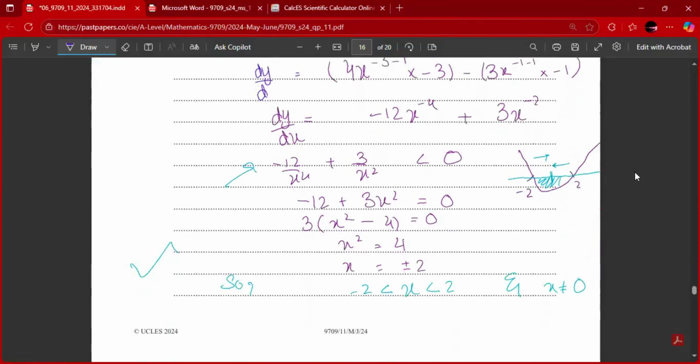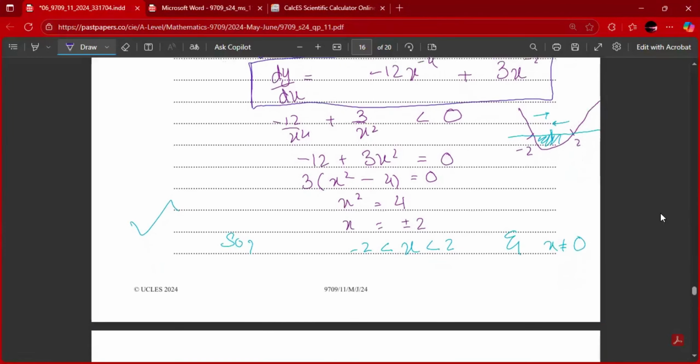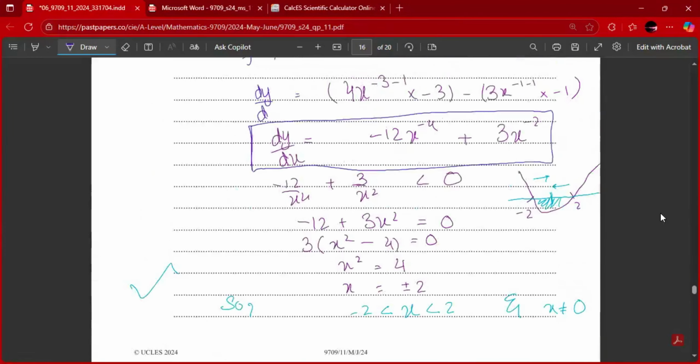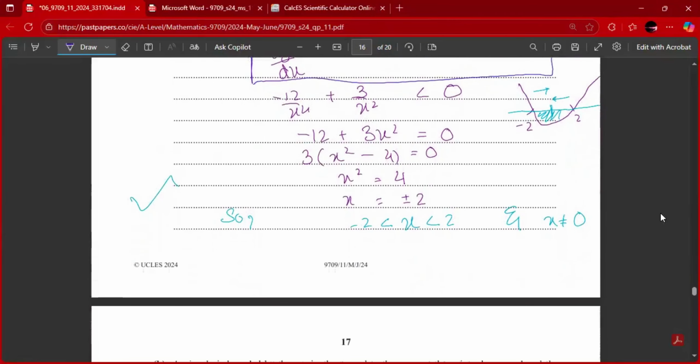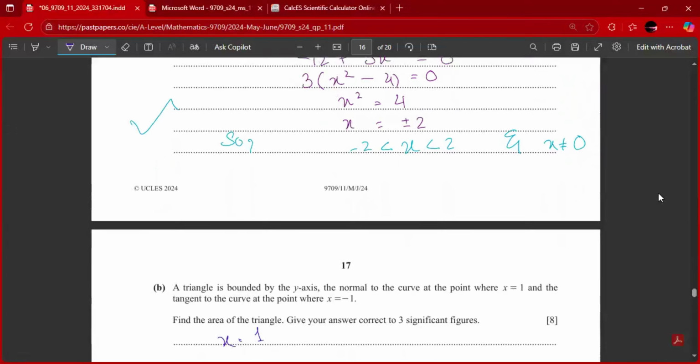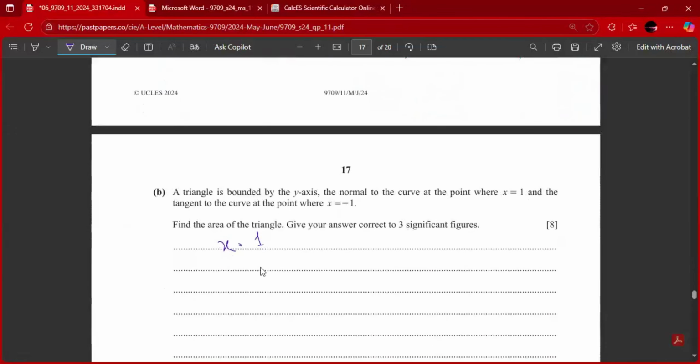We have the equation here for the gradient. I know this is quite messy. Okay, so putting the value of 1 here, what are we left with? -1, -12 plus 3. -9. So my value of gradient is -9.